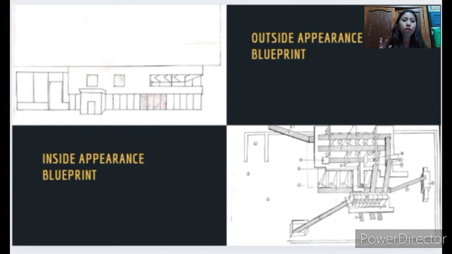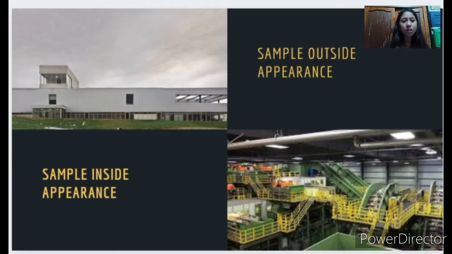And to further visualize what MRF looks like, here is the materials recovery facility from other countries. And yes, the one that you see on the upper side is by the Sunset Park materials recovery facility, and also on the lower side.